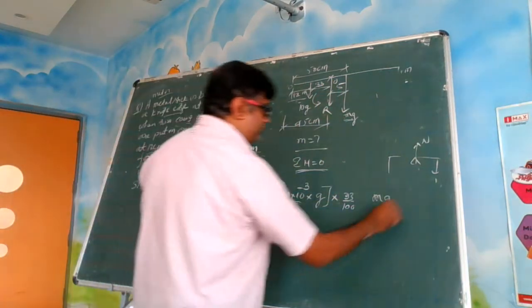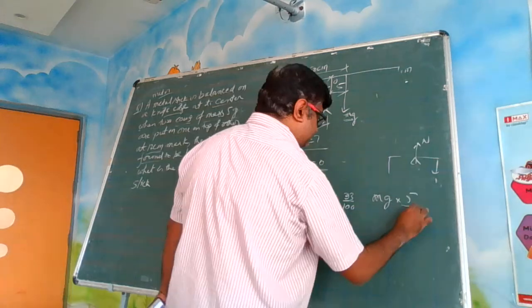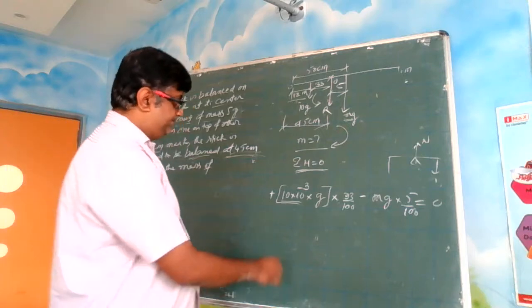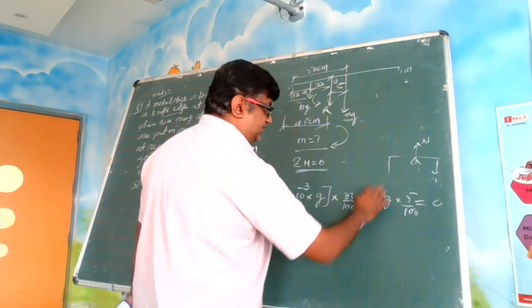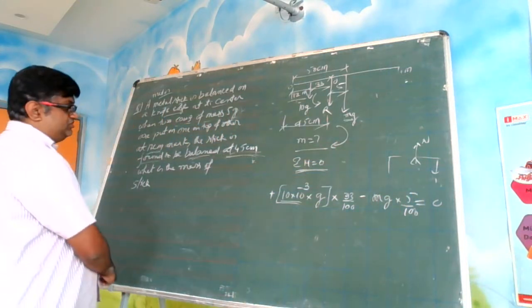So mg into 5 by 100. This whole thing is m1, this whole thing is m2. m1 plus m2 is equal to 0, that is sigma M is equal to 0.